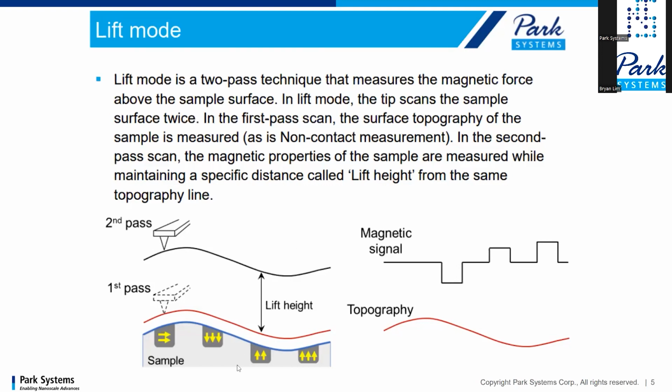Based on how much the cantilever is deflected, it will detect the phase of the magnetic force. If there are magnetic domains, they will either attract the tip towards them or repel the tip upwards based on the polarity of the domain.